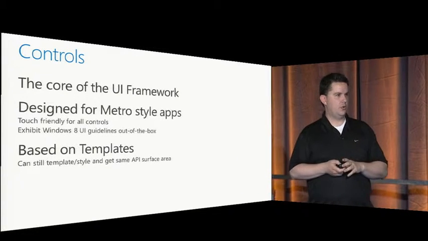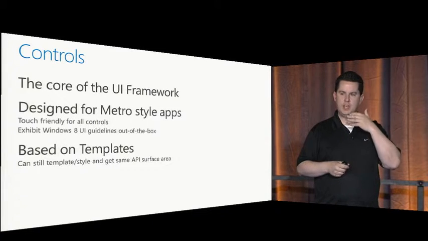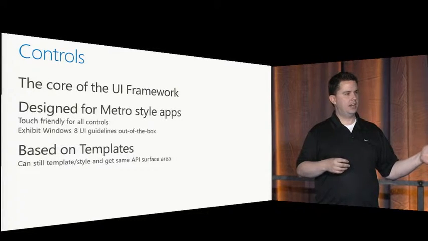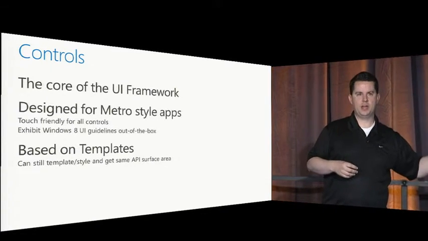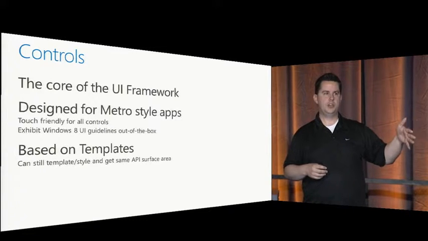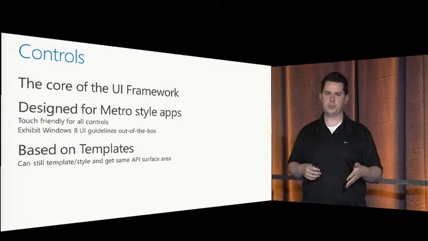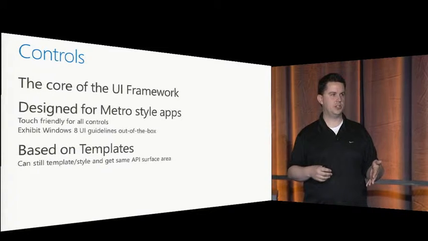So the core of any UI framework is the controls, and XAML is no different. The one thing that we've done that's been different when comparing to Silverlight or WPF, or actually the phone, which is probably a good comparison, is that there's a very prescribed user pattern, a prescribed user experience that's desired for these applications.